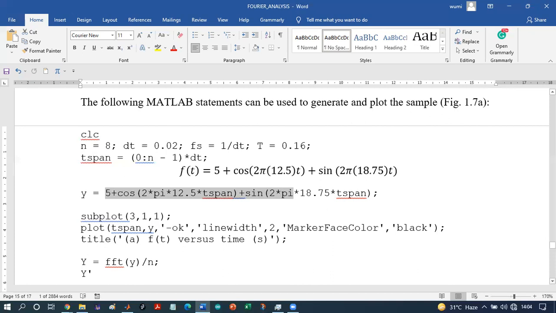What you need to do to plot it by hand is just for the x-axis to be n now, it's not t. Like the discrete time domain, so it's 0, 1, 2, 3, 4, 5, 6, 7.